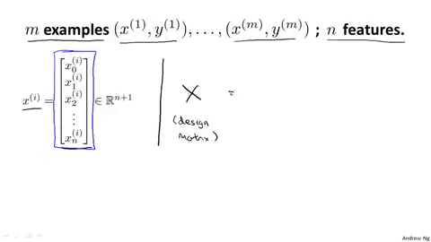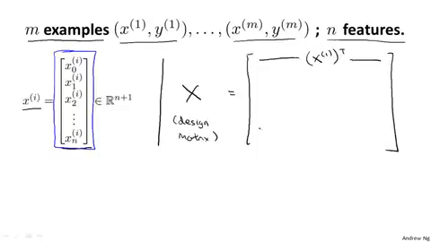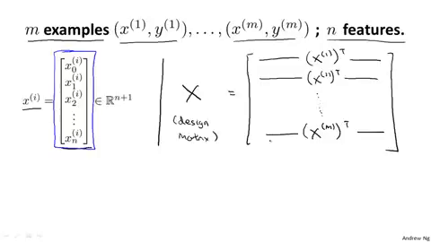I'm going to take the first training example, a vector, take its transpose so it ends up being this long flat thing, and make x1 transpose the first row of my design matrix X. Then I take my second training example, x2, take the transpose, and put that as the second row of X, and so on, down to my last training example, whose transpose is the last row of my matrix X. So this makes my matrix X an m by n plus 1 dimensional matrix.